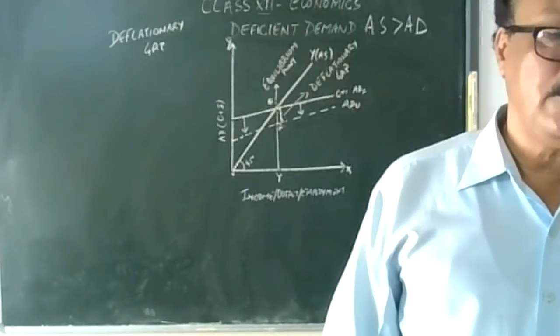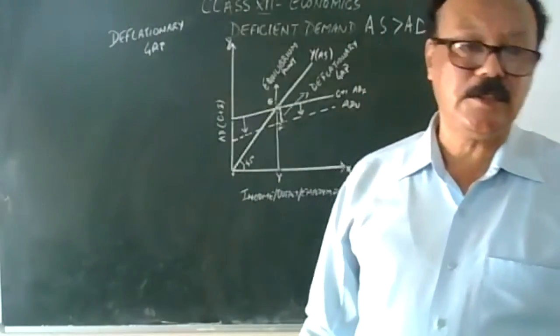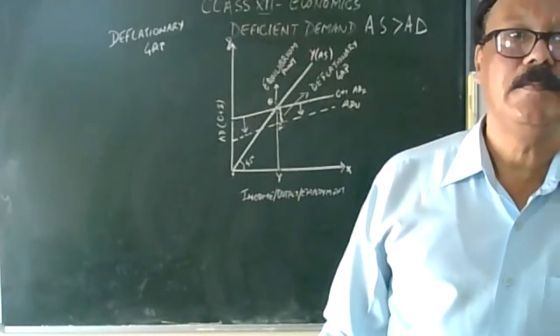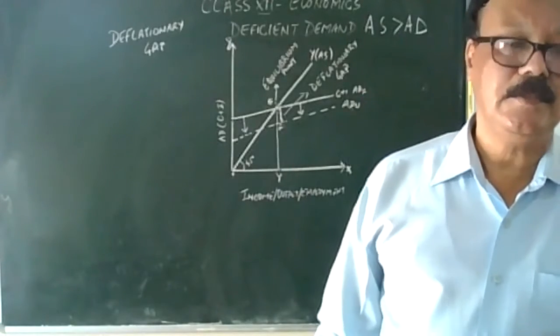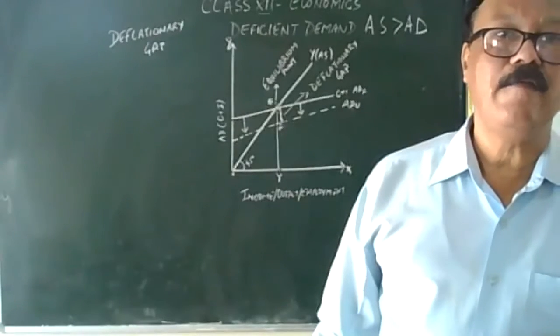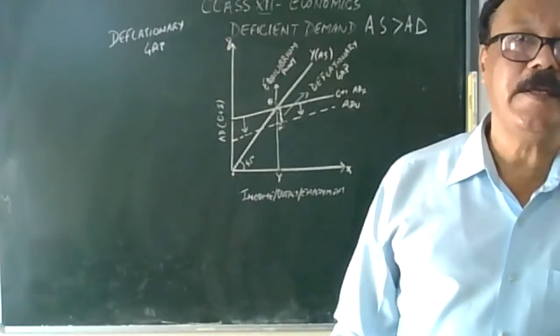Next heading is reasons or causes for deficit demand. What are the reasons behind this?